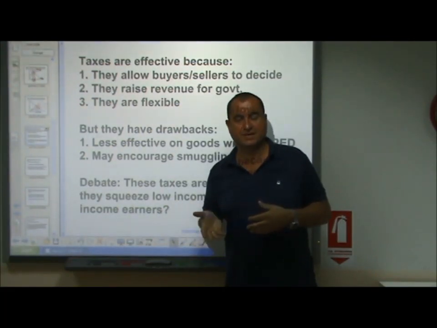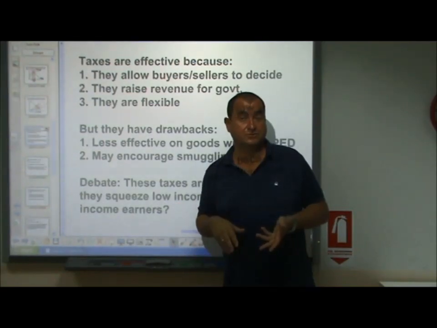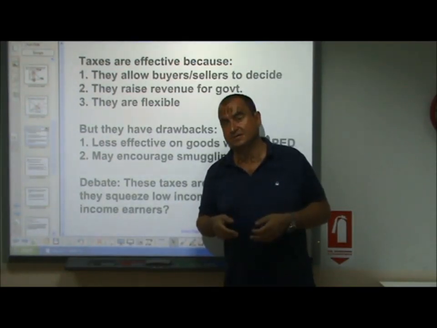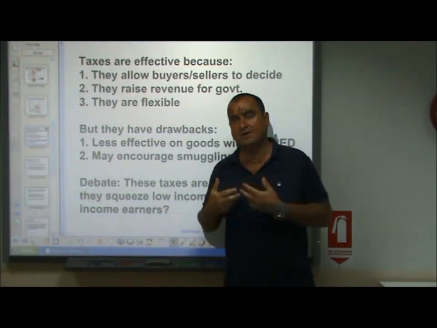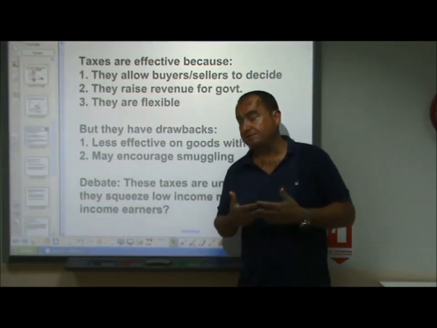Perhaps it was brought in from another country and sold, or perhaps even the smoker brought it in from another country and avoided the tax. So there is that danger as well. That's more the case with tobacco rather than other kinds of products.